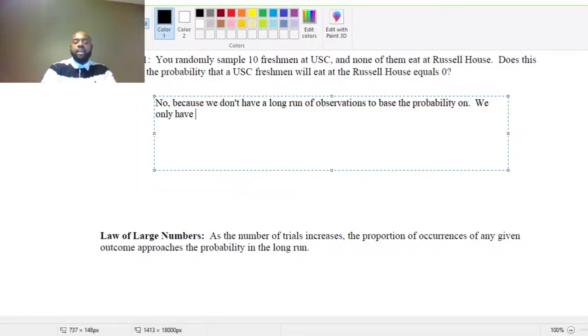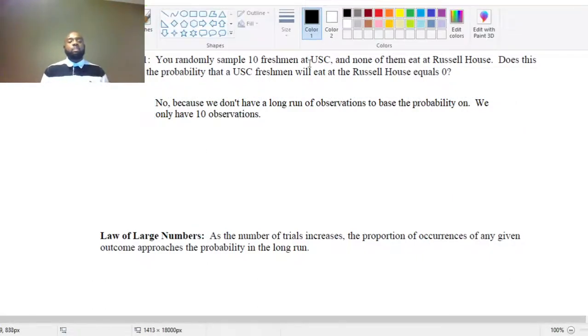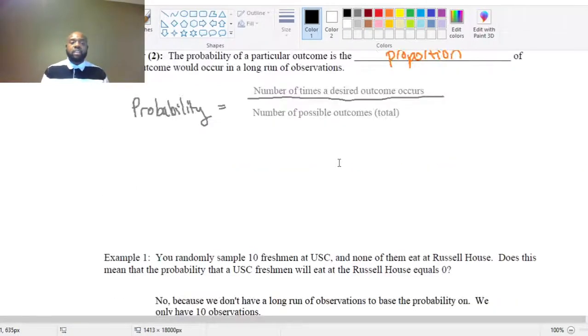We only have 10 observations. And so we can't make those big, broad statements that, oh, the probability that a student at USC will eat at the Russell House is 0 out of 10. We can't do that because probability actually requires a long run of observations.